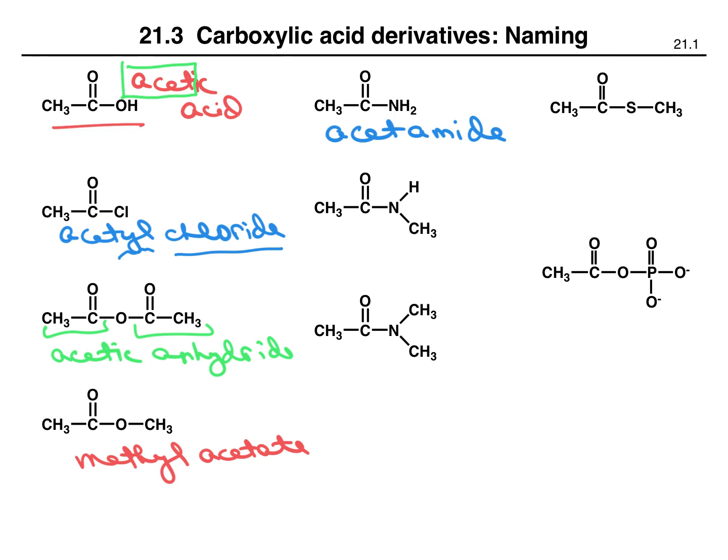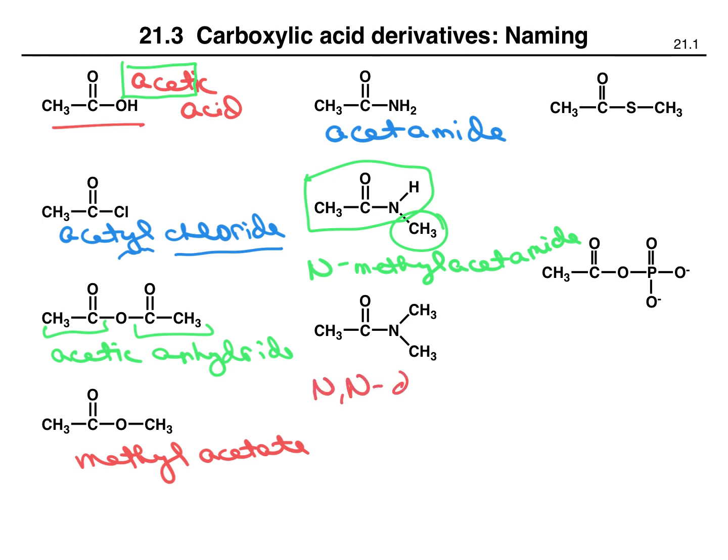Acetamide, different ways that you can pronounce that. But this tells you it's an amide, and this tells you that it is this particular amide. Now, this is still acetamide, but now there is a methyl group substituted on the nitrogen. So this is called N-methyl acetamide. And then the next one, notice we have two methyl groups, both connected to the nitrogen. So this is N,N-dimethyl acetamide.